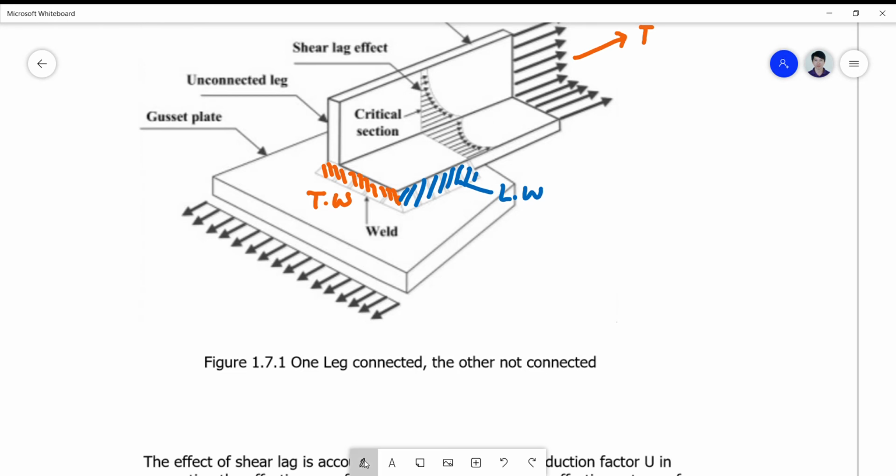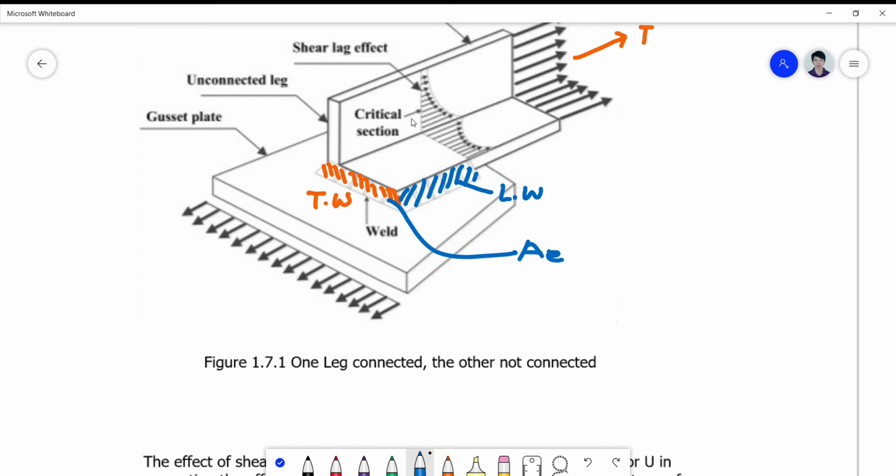Simply, the effective area on this cross section is equivalent to the area of one leg. If this leg is not welded all throughout, then you just get the area where the legs are welded.